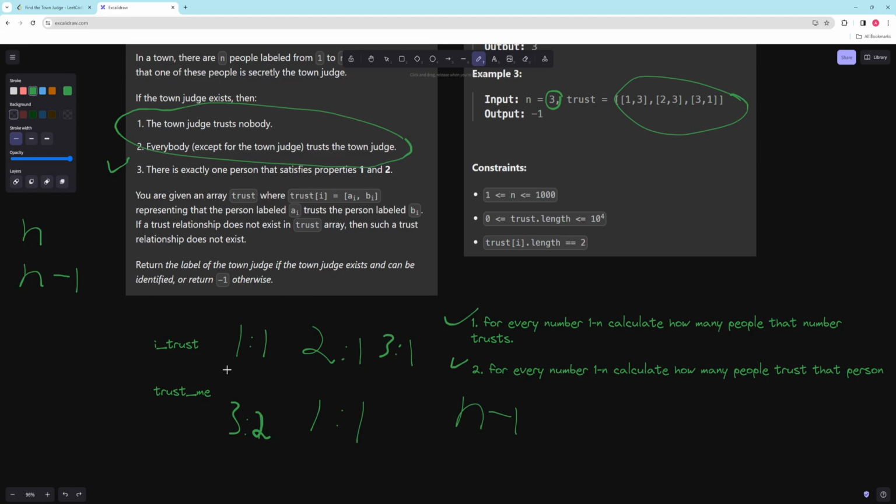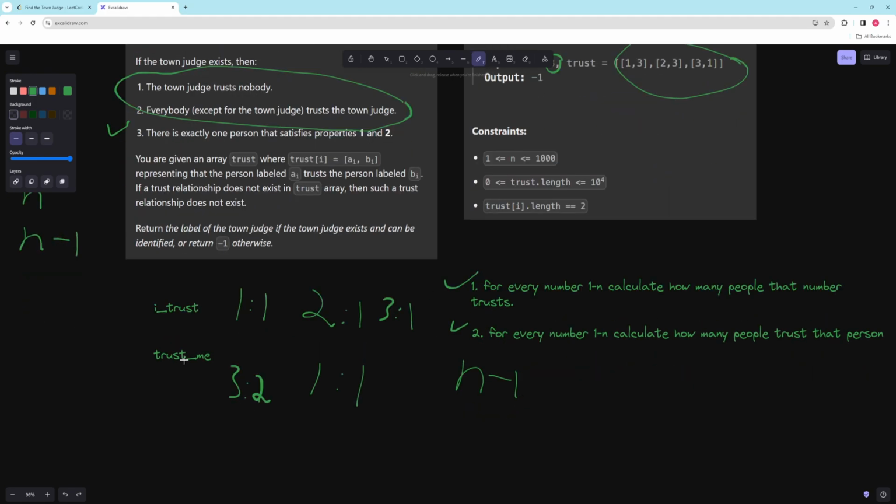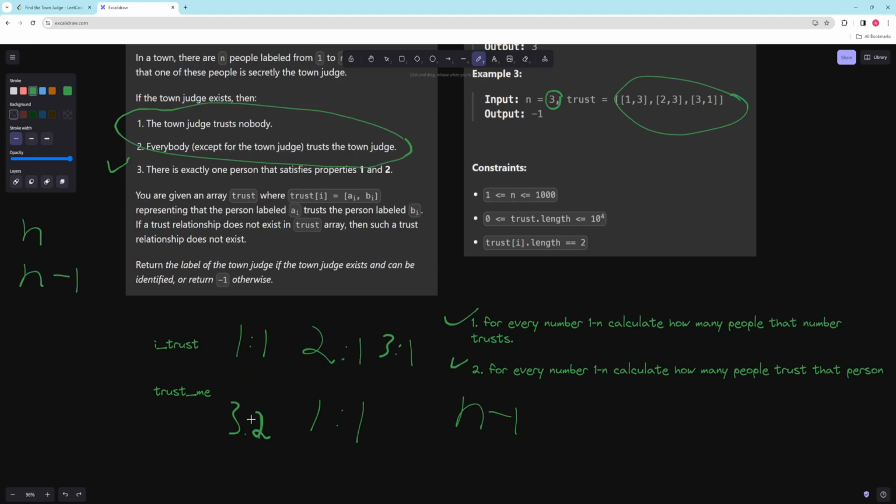Now, another shortcut you can do is, let's say n is like 1,000, but there's only 3 edges. Instead of going through numbers 1 through n, we can just go through numbers in trust me, right? Because for n greater than 1, there has to be people that trust that person in order to be a judge.